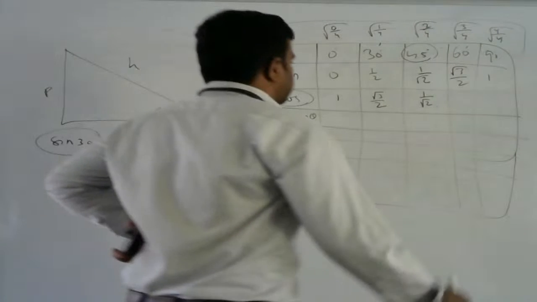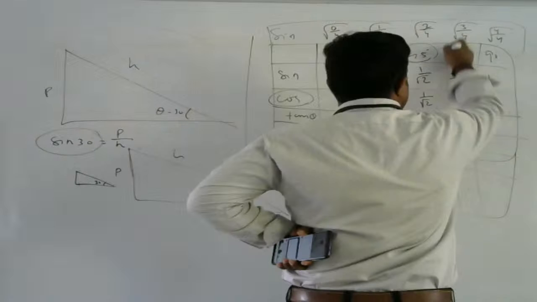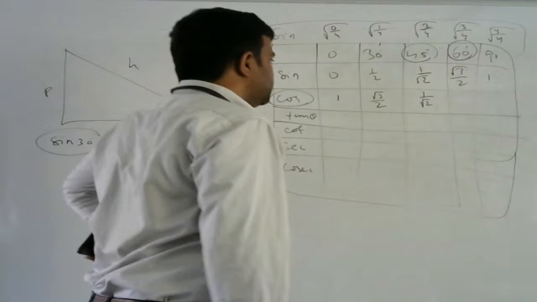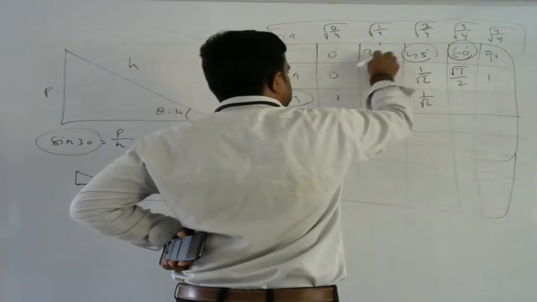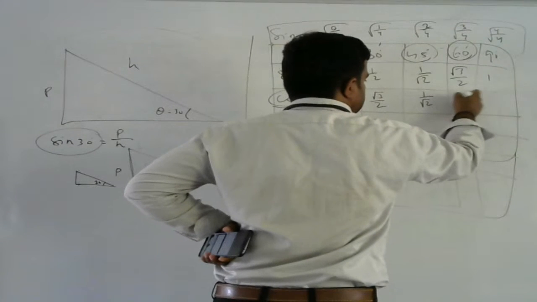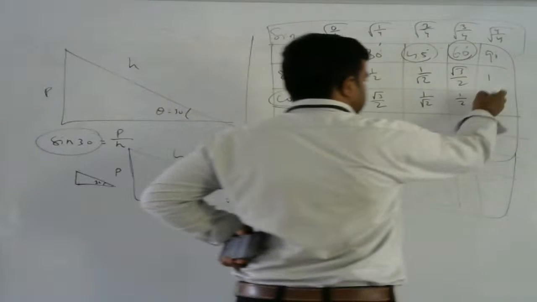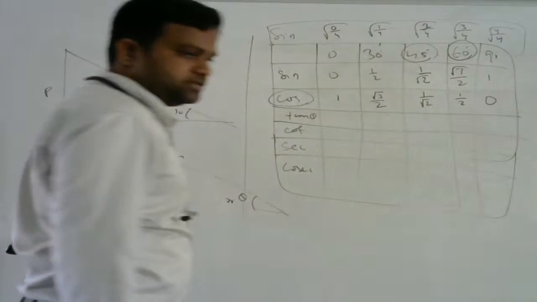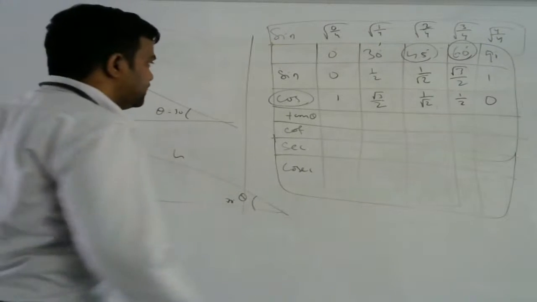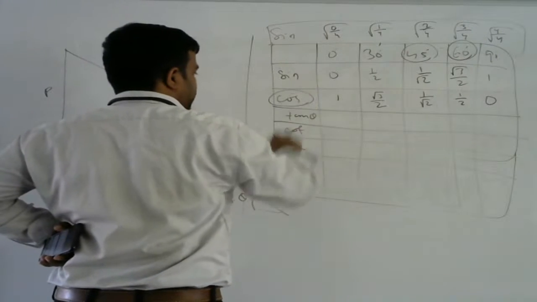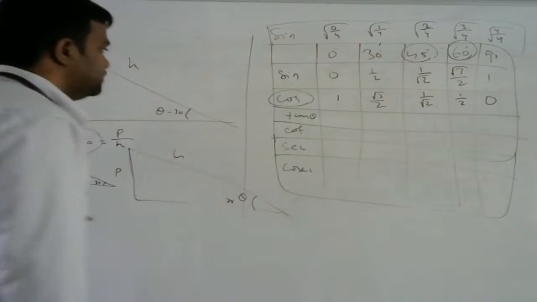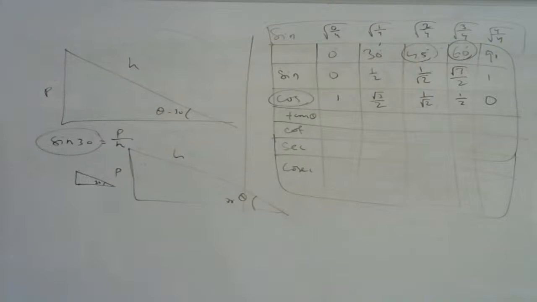Now what will be cos 60? Cos 60 and sin 30 are same. It is half. And cos 90 is 0. Now tan theta you can write. Tan theta is the ratio of sin by cos. Sin theta and cos theta give tan theta, right?